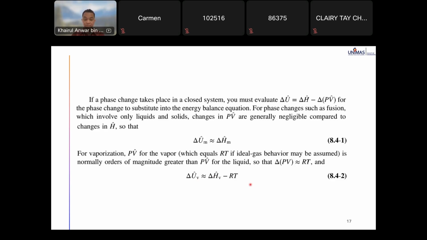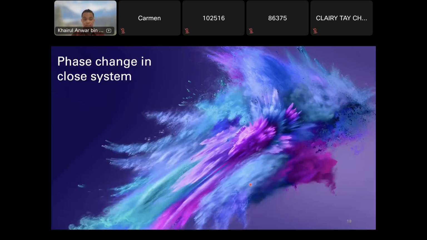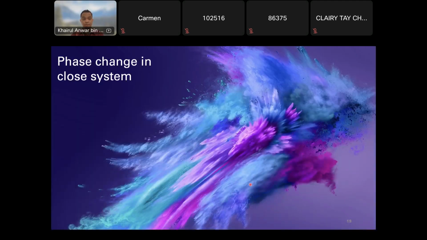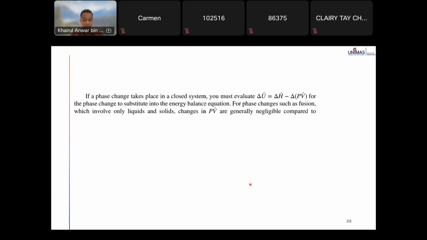Exercise. Check table B1. Phase change in a closed system.